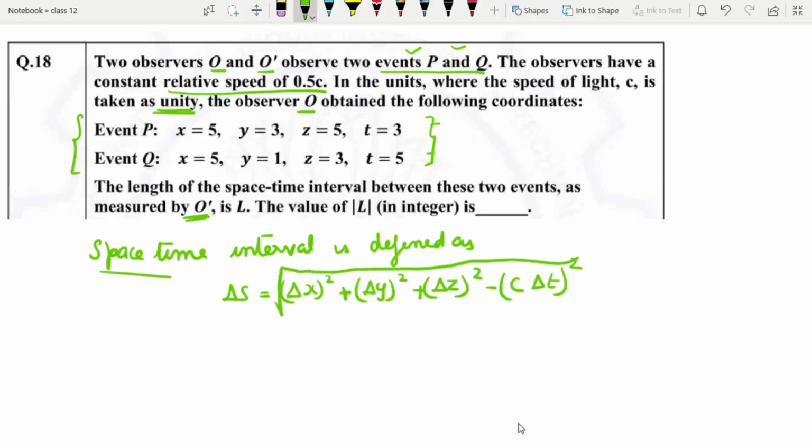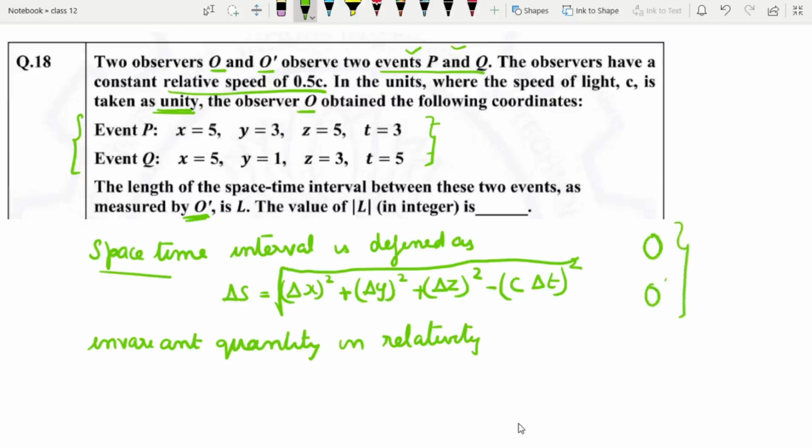And this space-time interval is an invariant quantity in relativity. Whether this quantity is measured by the observer O or O prime, it remains invariant. Even though their frames of reference are different, this value will be the same.